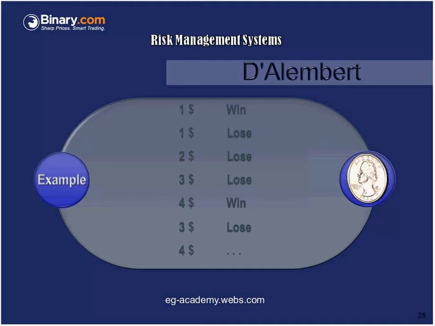So in this example, if you trade $1 and you win, the trading size remains the same. You trade $1 and you lose, the trading size increases. You trade $2 and you lose, the trading size also increases.